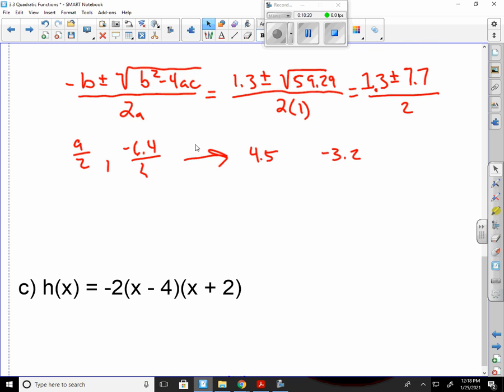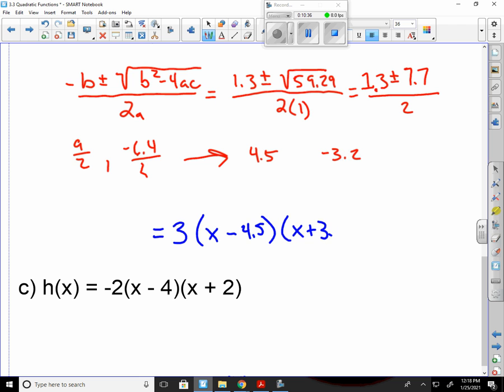So the 3 is still there. You can't just get rid of it because we don't like it. So it'd be 3 times x minus 4.5 times x plus 3.2. And this is x-intercept form.